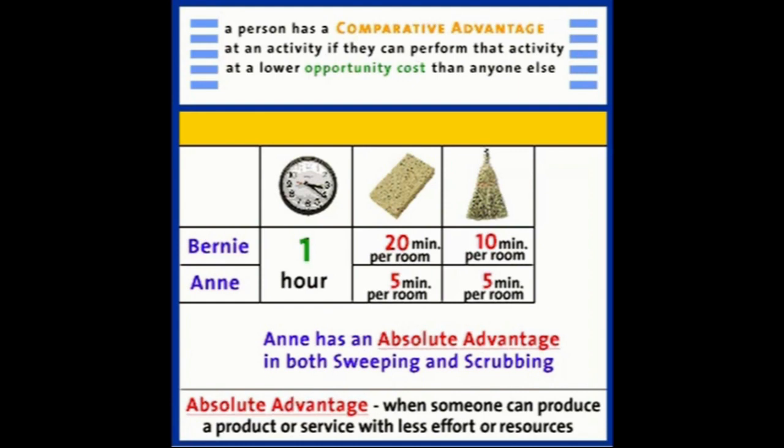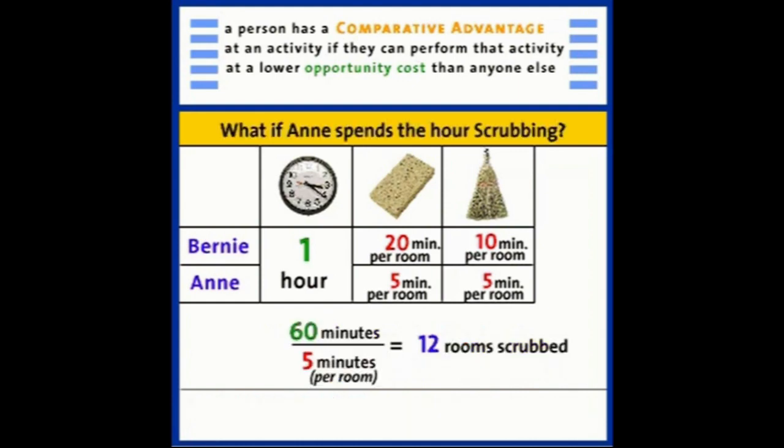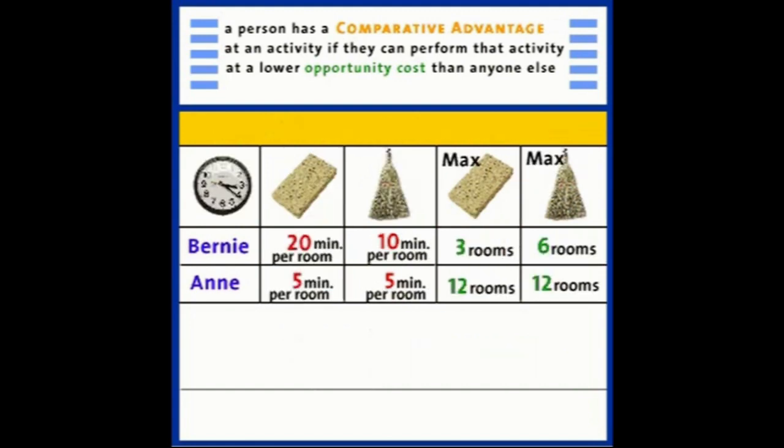So with Anne's unit labor requirements here and 1 hour's worth of time to work, Anne's maximum output would be given by this table. Just as Bernie can scrub a maximum of 3 rooms or sweep a maximum of 6 rooms, Anne can scrub a maximum of 12 rooms in an hour or sweep a maximum of 12 rooms in 1 hour.